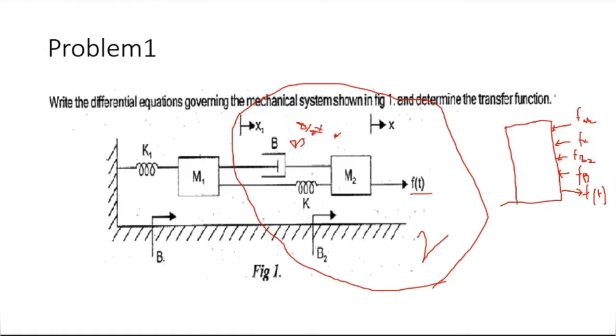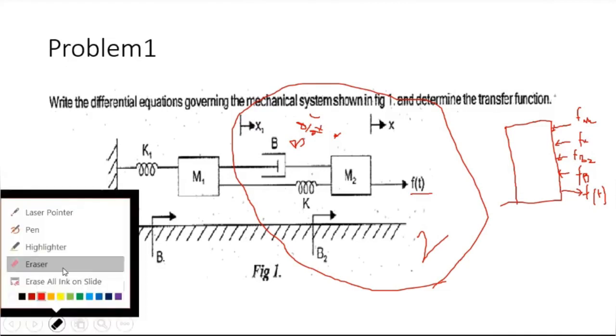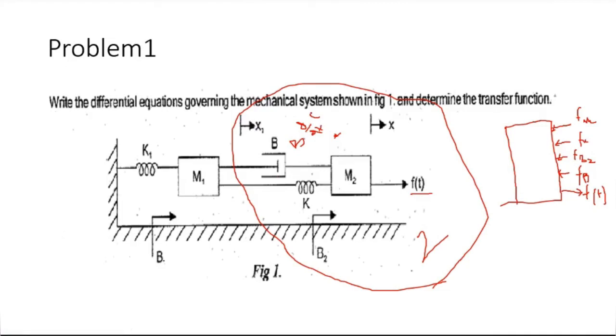Which node we are considering, based on that the equation will change. So d by dt of x minus x1.